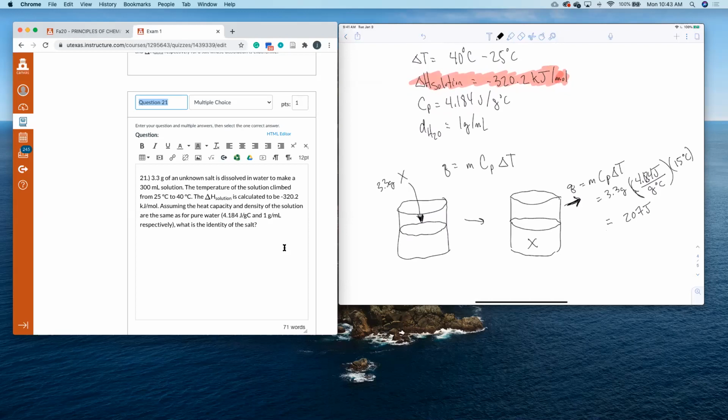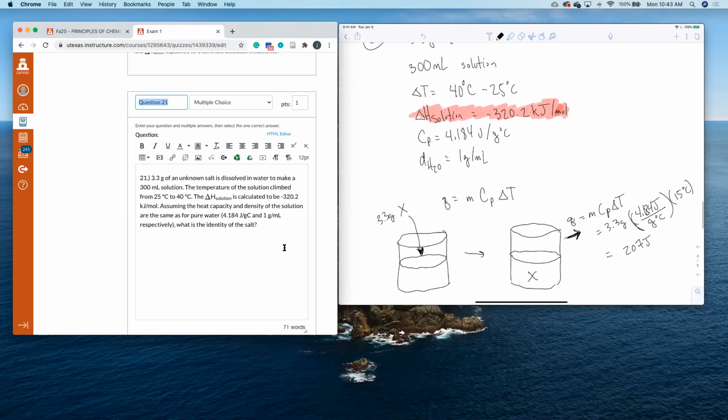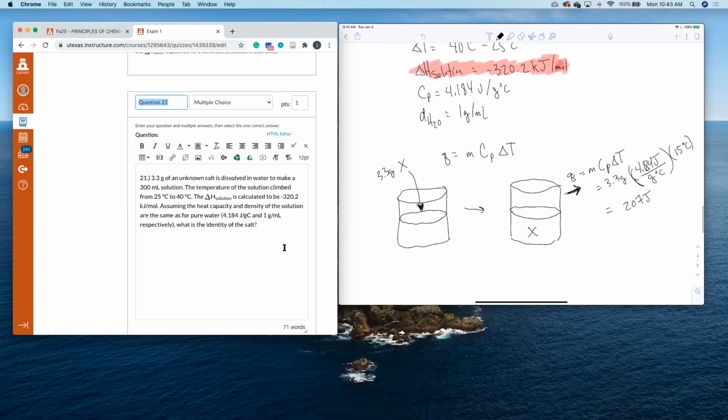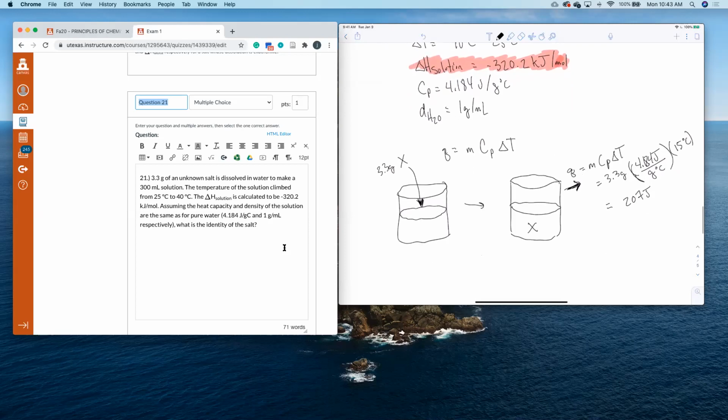So 207 joules flows out, assuming I punched that in my calculator right. And then delta H of solution, for whatever amount of salt that's being dissolved, is going to be equal to minus 320 kilojoules.